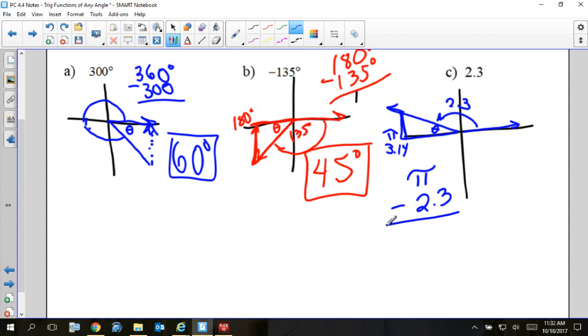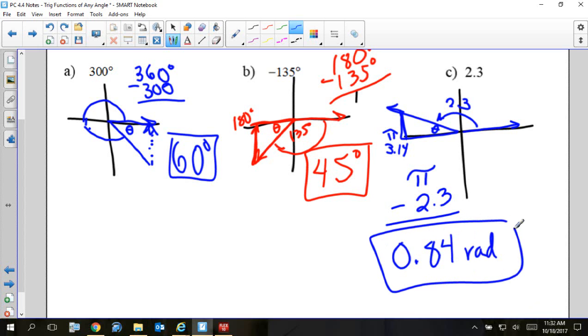I guess that would probably be the only thing we needed our calculator for so far. Pi minus 2.3. You need to get it. Okay. We'll need it after lunch for sure. Like this, I guess you could do. You know what 3.14 is, pi. You could do it without a calculator.